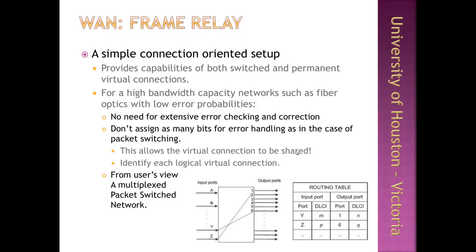The data link connection identifier, or DLCI, performs this function. If you look at the figure shown in this slide, you can see how this process works. From a user's perspective, frame relay is a multiplex interface to a packet-switched network.